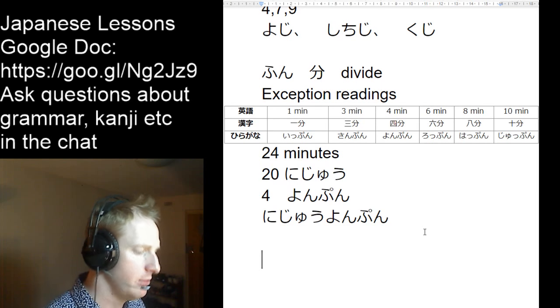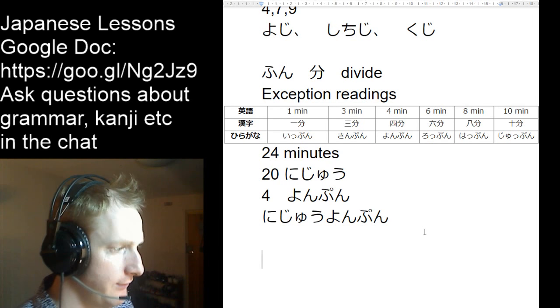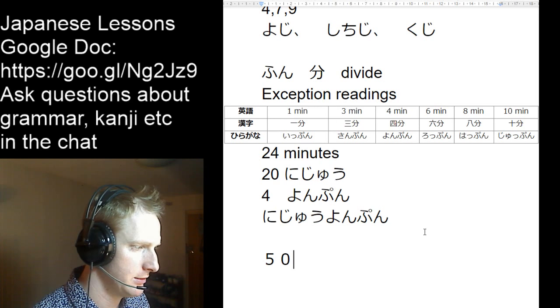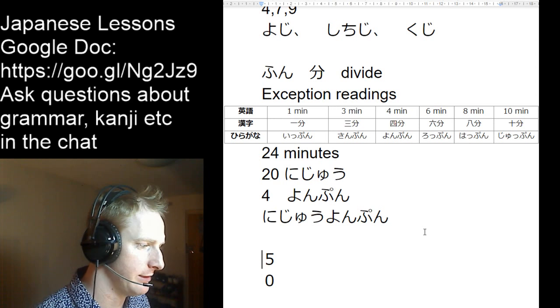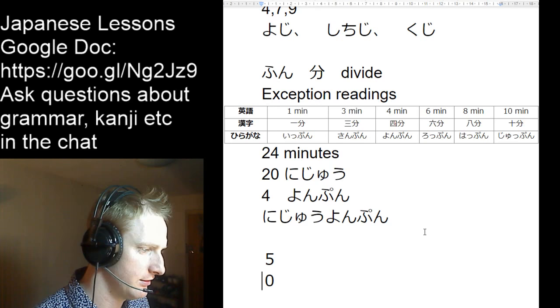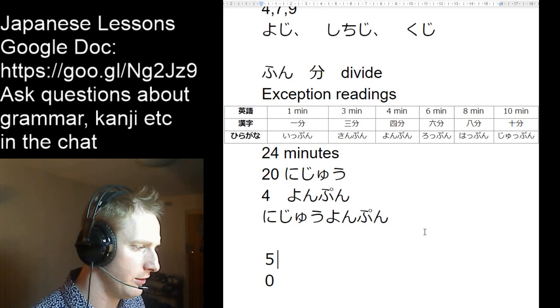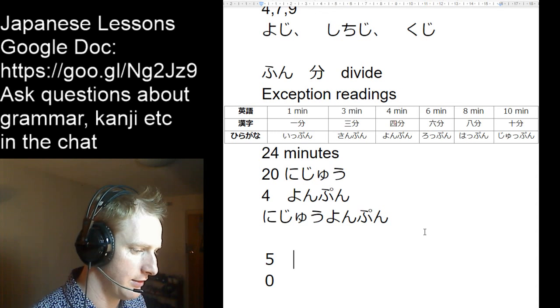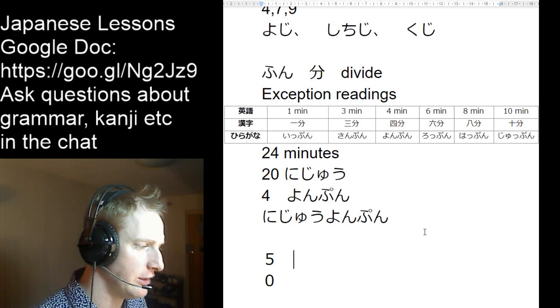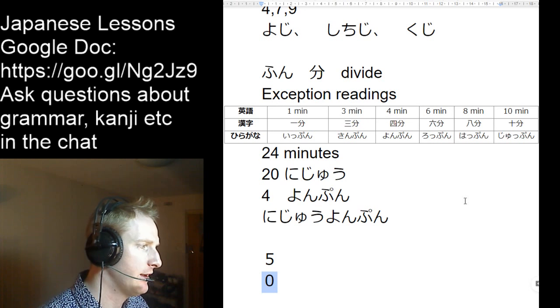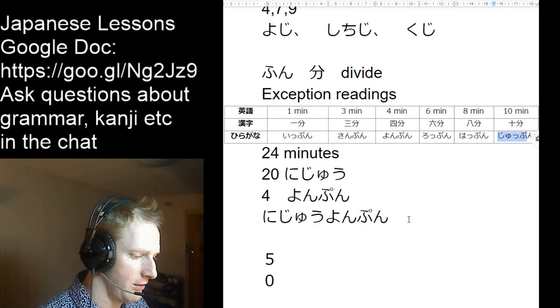Let's take another example. We'll do 50 minutes. So 50. Basically we can split up like this. The left side, the higher number, is the 50 and the lower number is the 0. So how do we do 50? Well, normally we'd say goju, but that ju, because it's this lower number, is going to take this pronunciation.